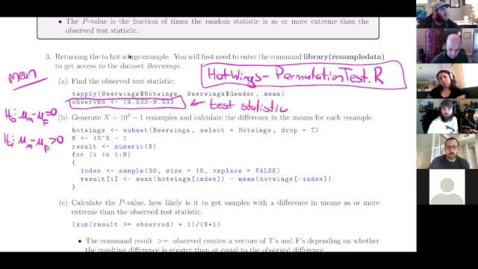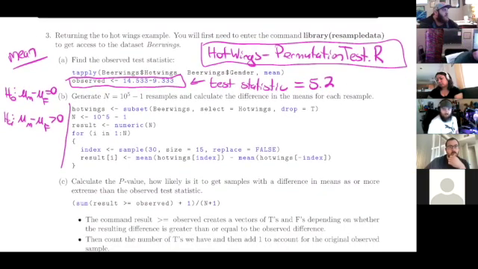Oops. 5.2, right? I'm slow here. Okay, so our test statistic is 5.2, and that now is being stored in observed.